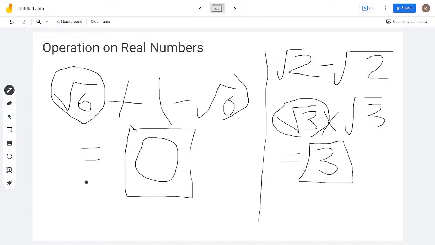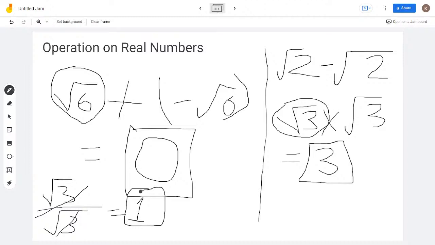Also, in case of division, if we divide root 3 by root 3 again, both are the same, numerator and denominator get cancelled, and we will get 1, which is not an irrational number, right?